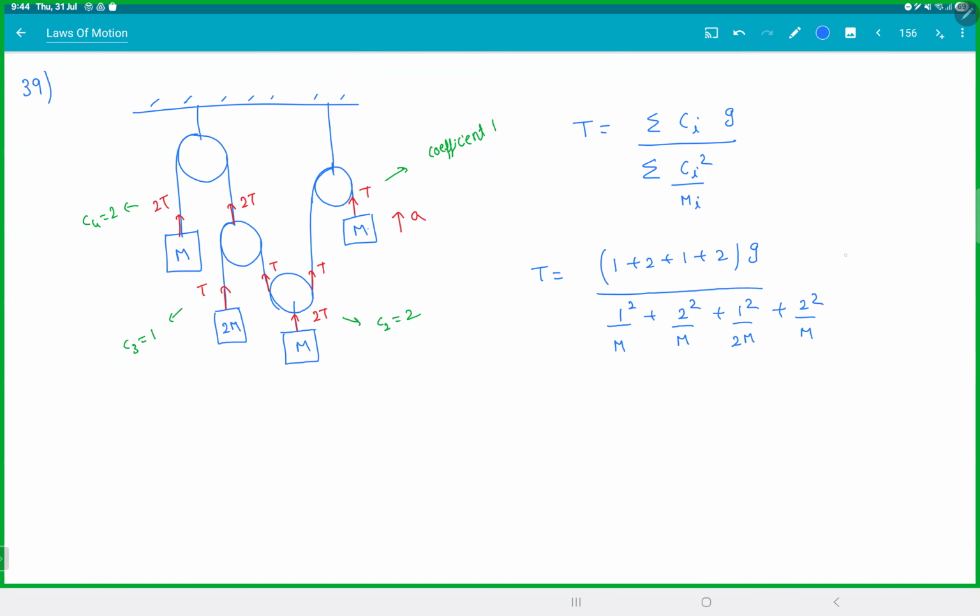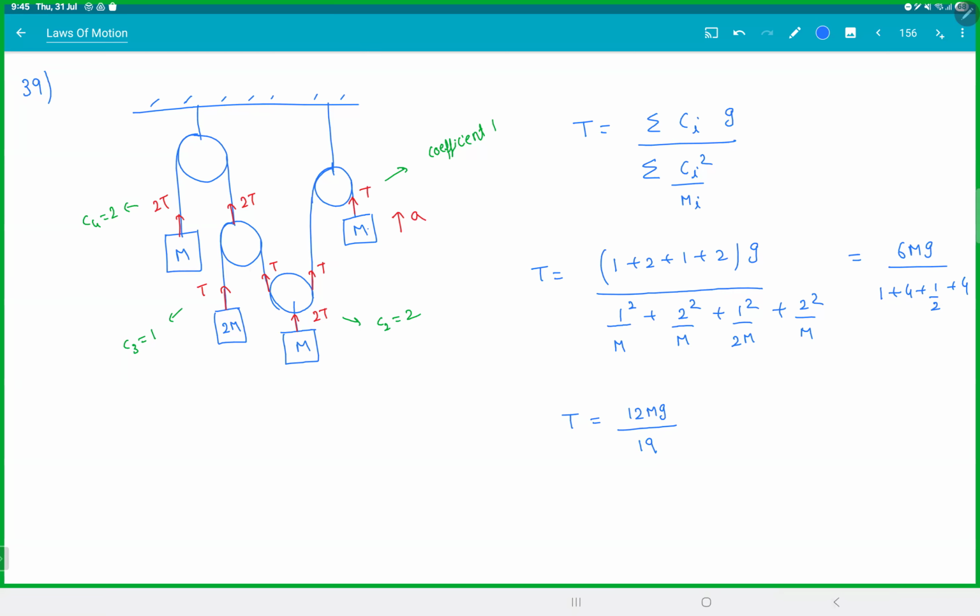So let's calculate. How much is this? That will be 6mg by 1 plus 4 plus half plus 4. This will be 12mg by 19.